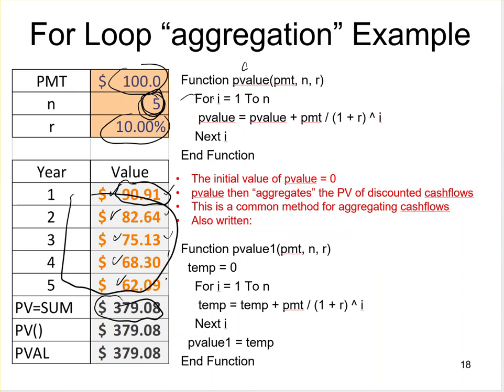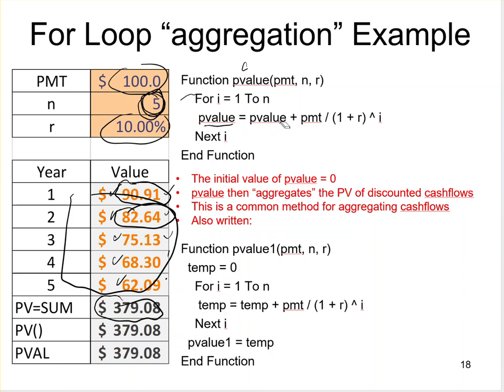So when I run the loop for the first iteration, it sets I equal to 1 and calculates 90.91. So it's p-value equals 0 plus 90.91. Next I sets I equal to 2. P-value equals p-value. Now what is p-value? Well, it's 90.91 plus $100 over 1.1 squared, $82.